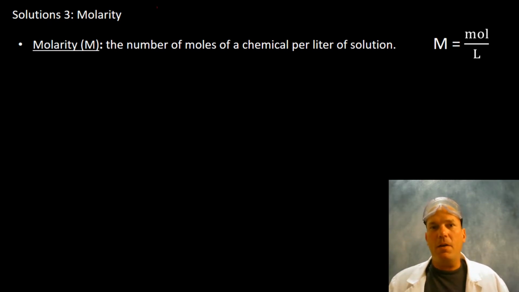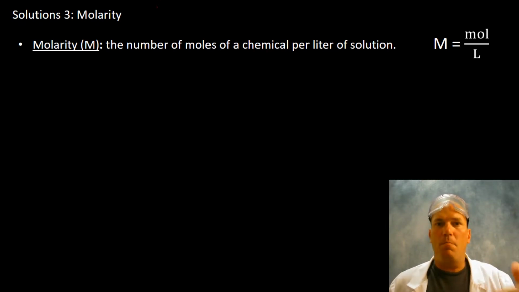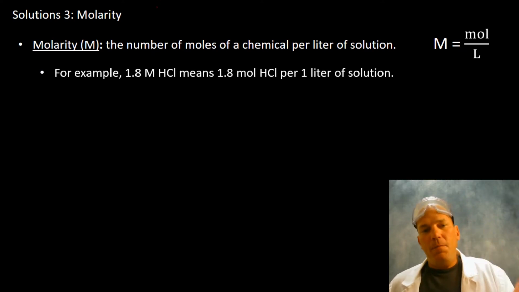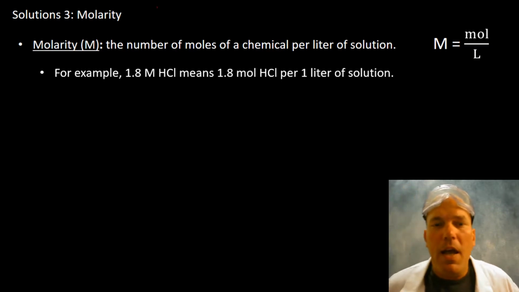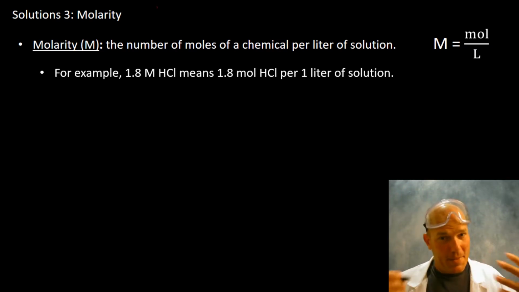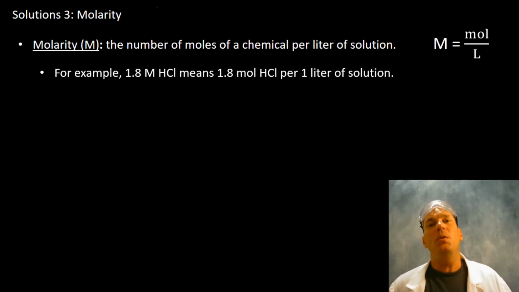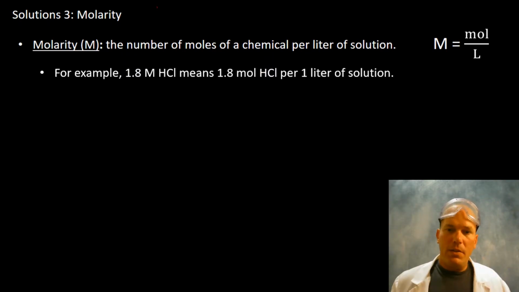You have to convert all of your volumes into liters, because that is the definition for how molarity, which is a concentration, is expressed. If we look at this example, 1.8 molar hydrochloric acid, that simply means that there are 1.8 moles of hydrochloric acid in 1 liter of the solution.